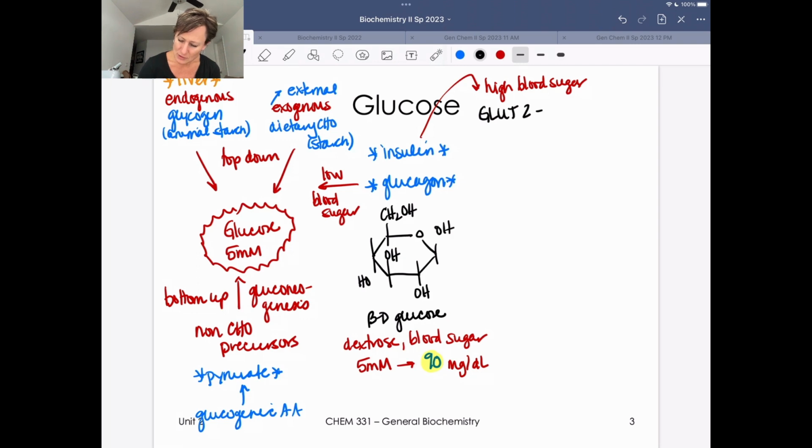So GLUT2 receptors, we've discussed, are primarily in your liver. So these are always on or always present. Okay, and then we've got GLUT4 receptors. They are in lots of other tissues, but we've primarily focused on GLUT4 receptors in the muscle, and these are ones that are insulin sensitive.